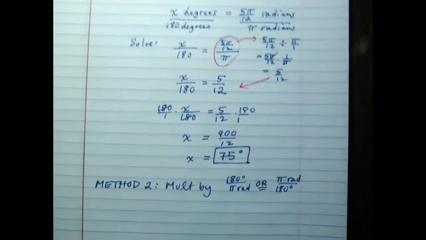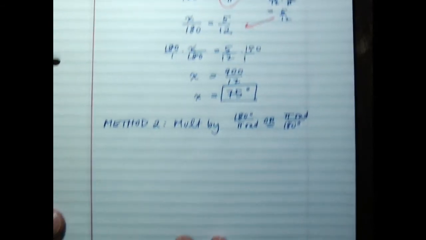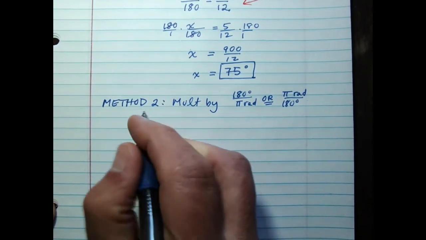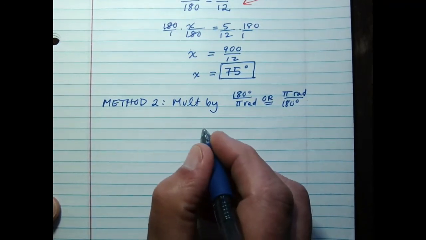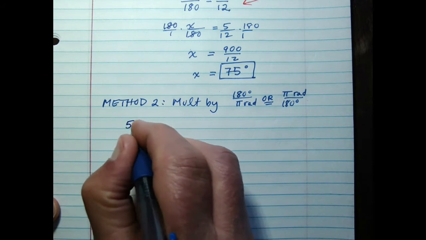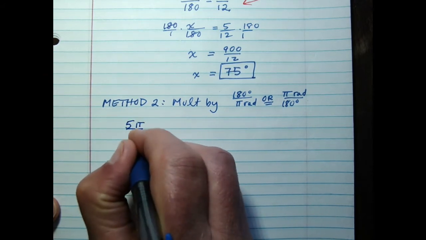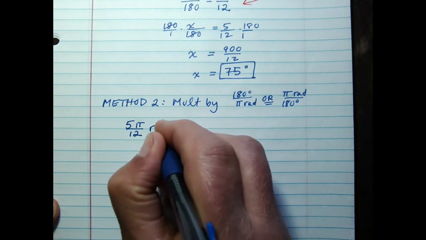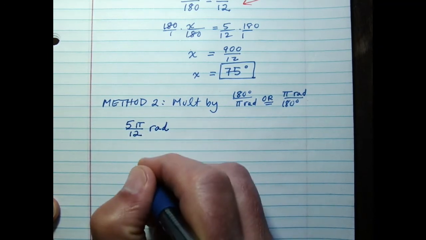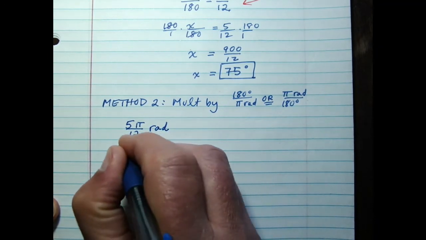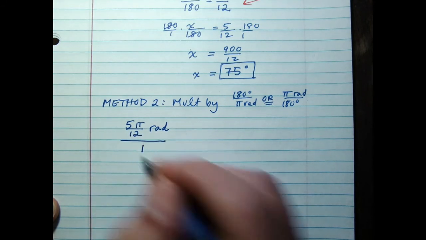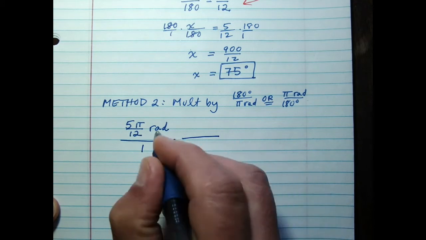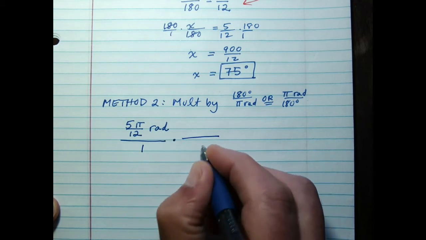And now let's give ourselves some room. So I'm going to start out with 5 pi over 12 radians. And you can think of that over 1 times, I want the radians to cancel.